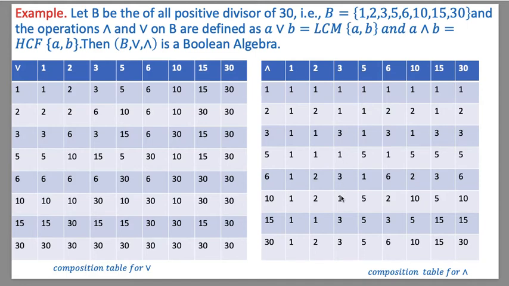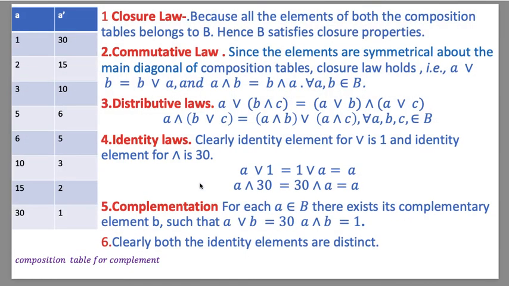Here it is 1, 5, 5, 5. So all the elements about the main diagonal are symmetric. So all the elements of this set belong to the set, means closure property is satisfied. And all the elements are symmetrical about the main diagonal, means commutative law holds.